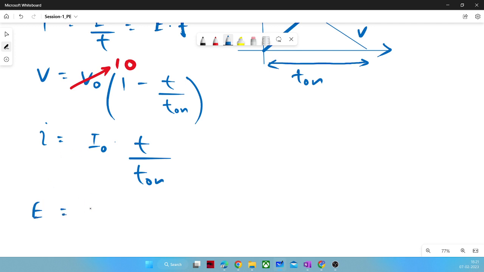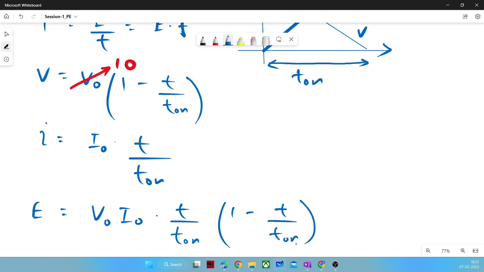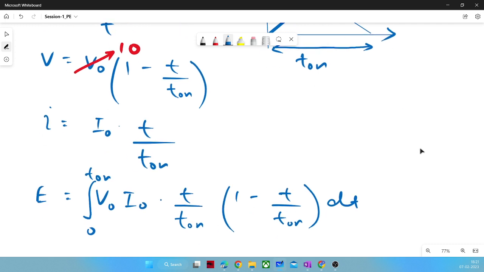So V naught I naught into T by T on into 1 minus T by T on dt. This will be for the period from 0 to T on.